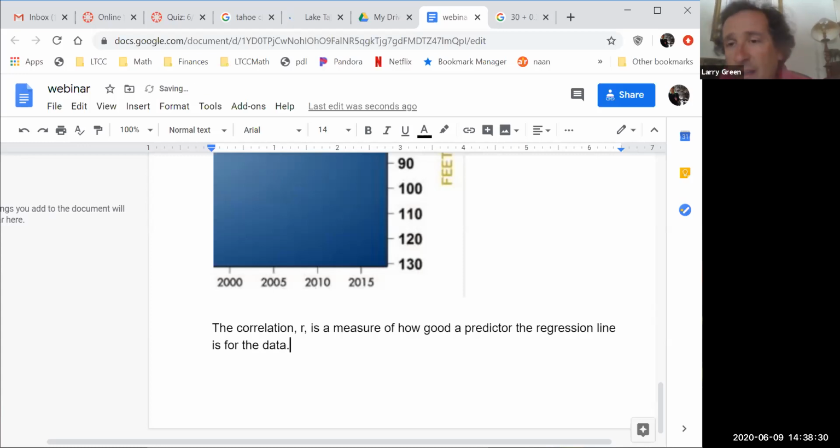Okay, you're rarely going to be perfectly on a line. If R is 1, then it's perfectly on a line.